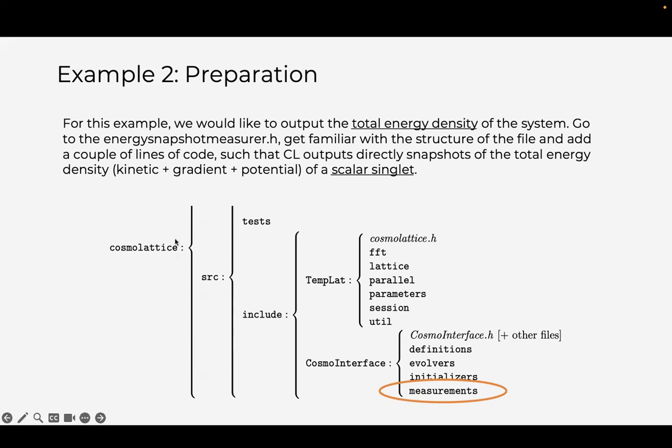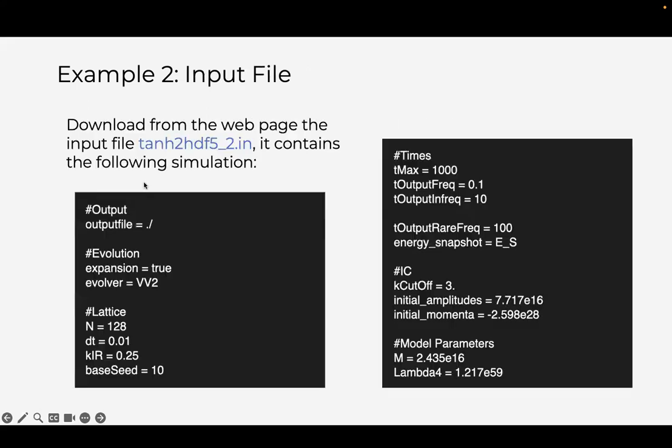We are just interested in the total energy density, and you can save a bit of space if you adapt your file here. This second example has this HDF5 file with the _2 thing, and this is a bit of a bigger simulation. So I'm not sure if it's feasible to do it on your MacBook or on your notebook. You might go to other resources.